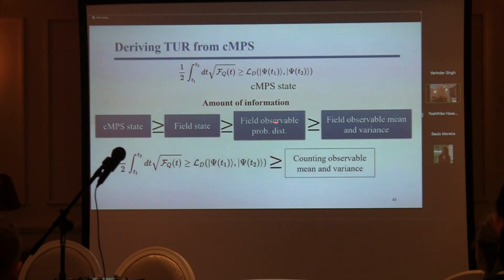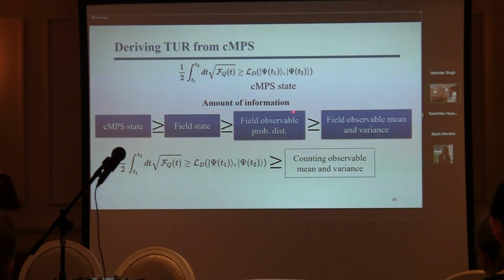But we can obtain some observable probability distribution. But of course, the observable probability distribution has less information than the field state. In this case, the field observable corresponds to the counting observable, which counts the number of jump events. This quantity can be obtained, but still it is difficult.